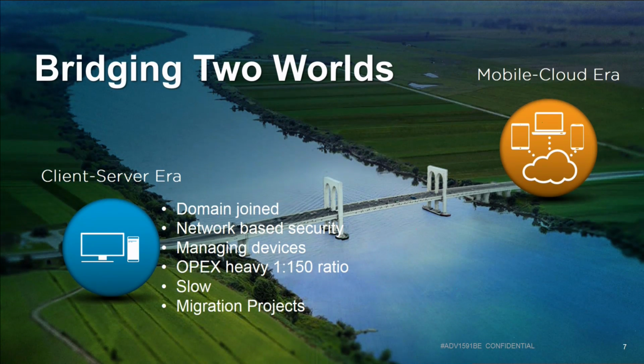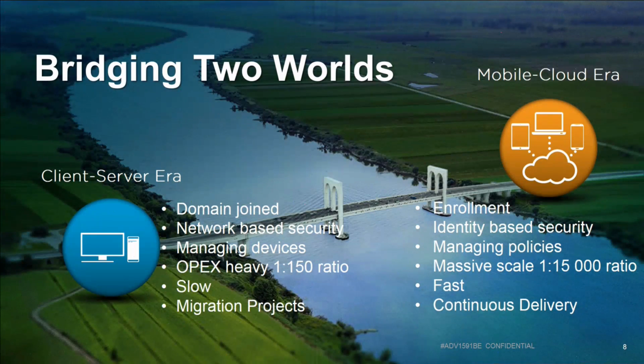You had to deal with network security on your premises. That was quite simple but quite static as well. Some downside with that is that your OPEX ratio was quite high because of the number of people required to maintain this kind of infrastructure.